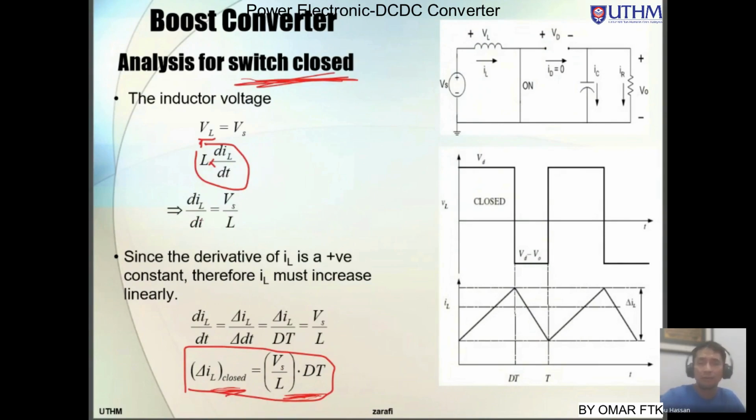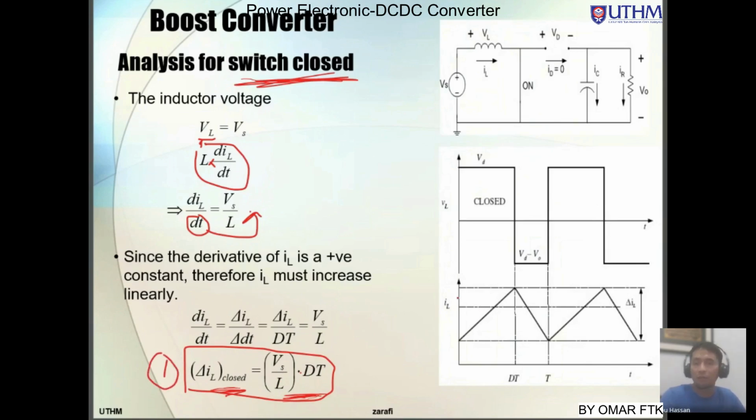Then we move dt to the side; dt was divided, so moving to this side we have to multiply. So we have this transfer function: delta IL close during the switch on is equal to Vs over L times dt. This one is during the charging process.